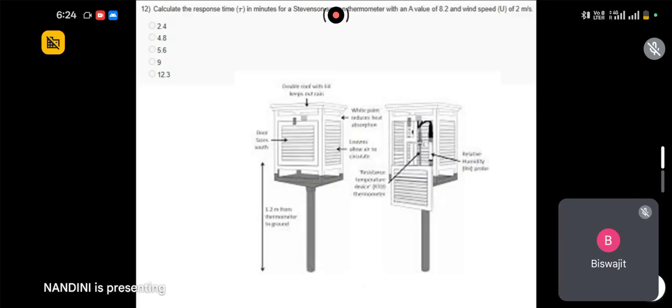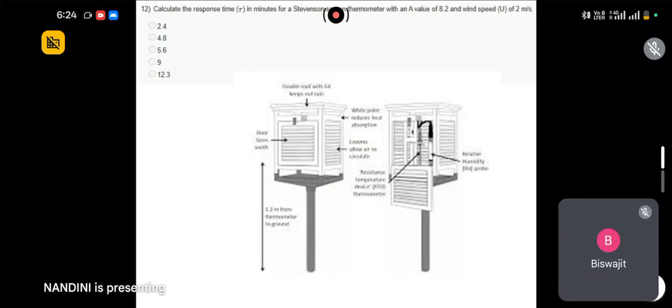The thermometers will give you the temperature value. So this is a wooden box where we keep our thermometer safe, so it doesn't directly come in contact with wind, rain, etc., so that the instruments are kept safe. It is used to house the meteorological instruments, protecting them from rain and direct solar radiation.